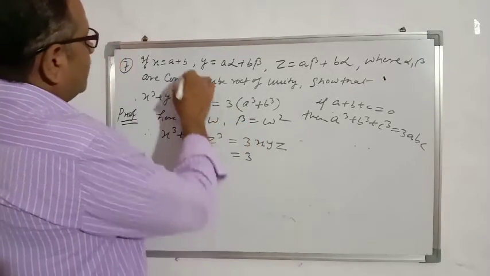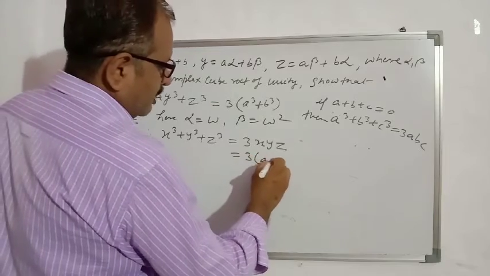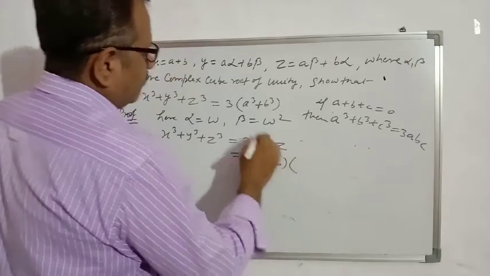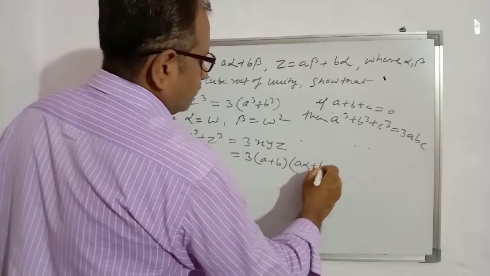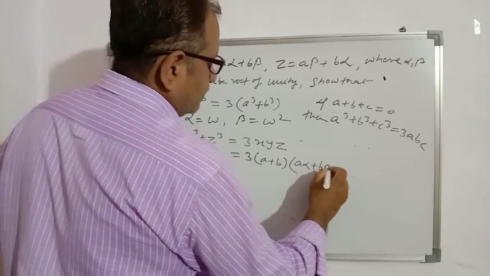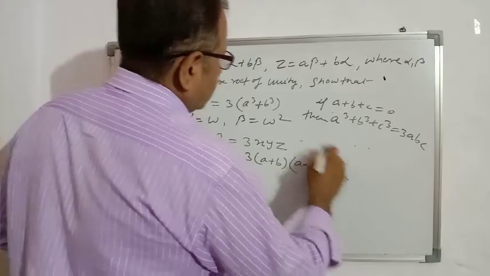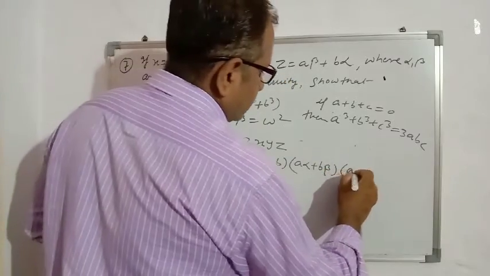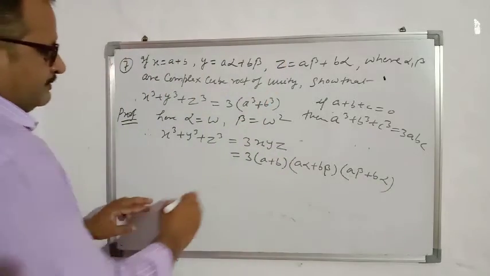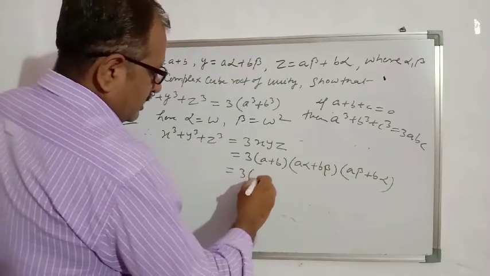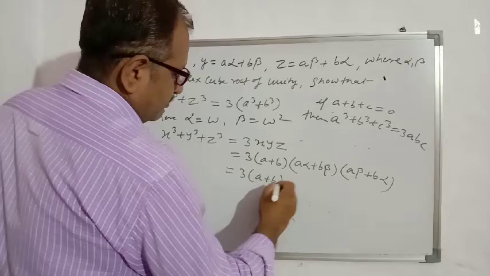Put in place of x the value a plus b, y is a alpha plus b beta, and z is a beta plus b alpha. So 3 into (a plus b).